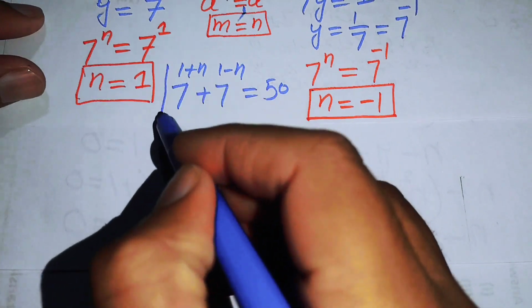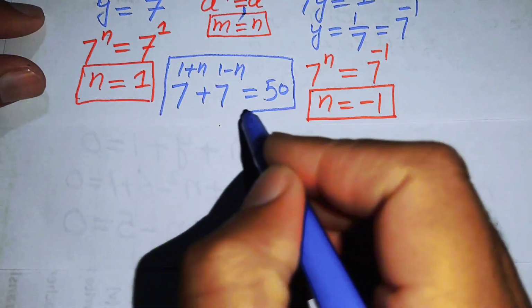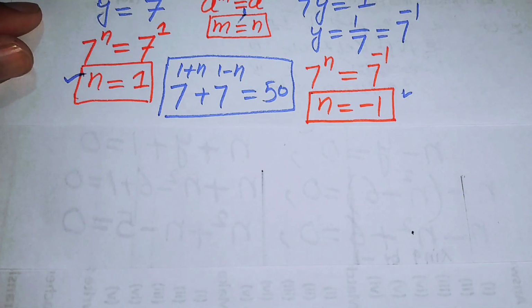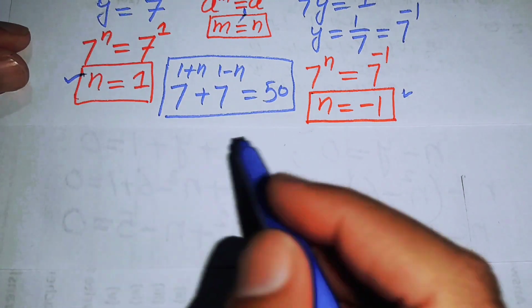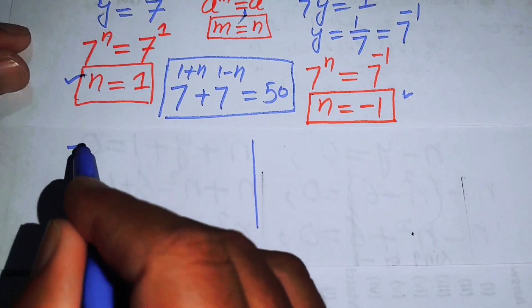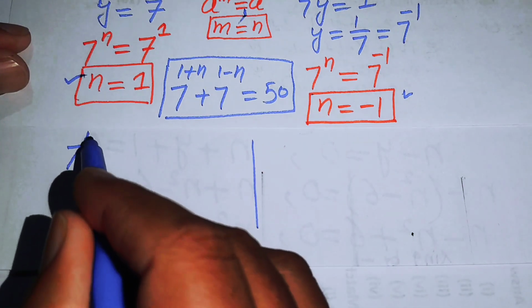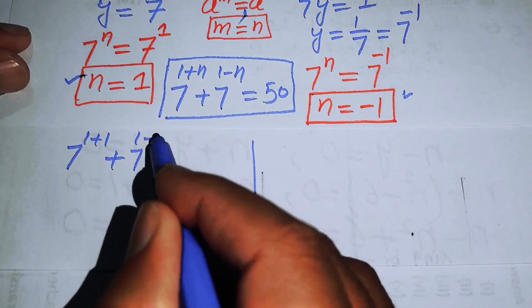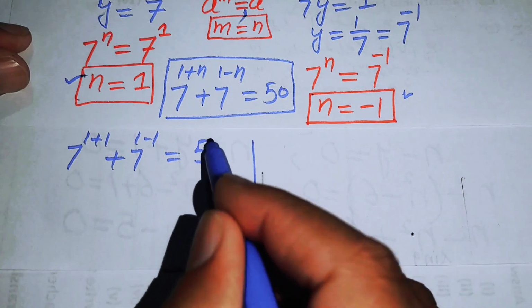So this is our given question statement, and these are the two roots of this problem. So now we will check these two roots. So first I can put n equals 1 here, then you get 7 to the power of 1 plus 1 plus 7 to the power of 1 minus 1 equals 50.